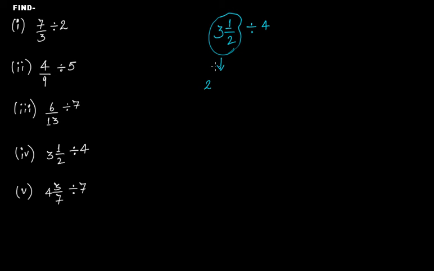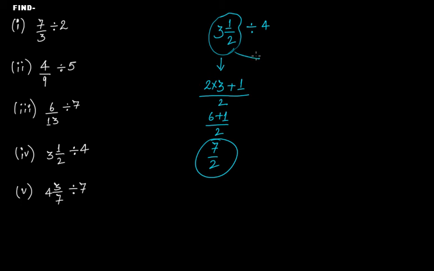So 2, times the whole number 3, we have learned all these things, right? Then plus this 1, divided by this 2. So 2 times 3 is 6, plus 1, divided by 2. So this will become 7 over 2.